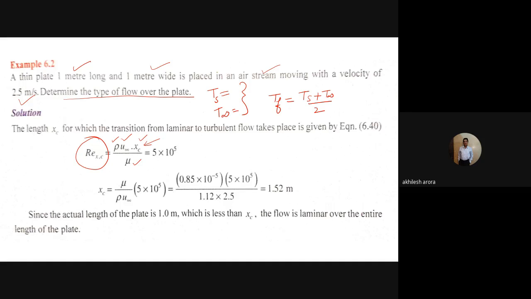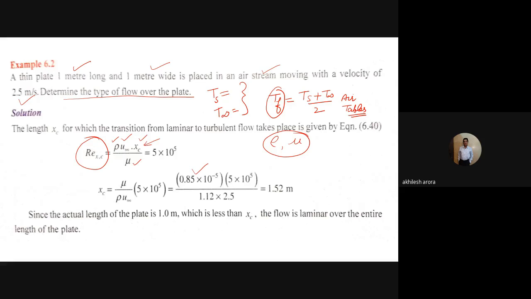And then for air, the tables are given at the back of every book. If you are using any book of heat transfer, you can go to the tables for air, and corresponding to this value of Tf, you can find the value of rho and the value of mu. Find these two values from the table, and then put them here.